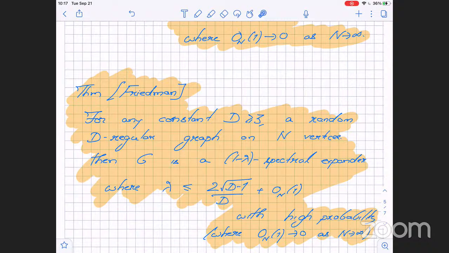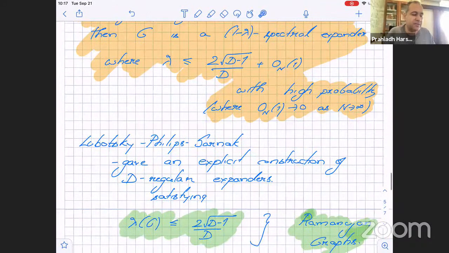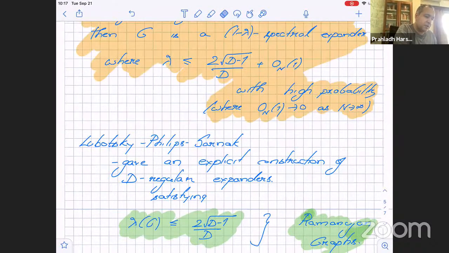But this is a random construction, so in that sense it's not satisfactory. Lubotsky, Phillips, and Sarnak actually gave an explicit construction which has this property, and which even loses this order n to the minus 1 additive loss. It doesn't even have that loss.